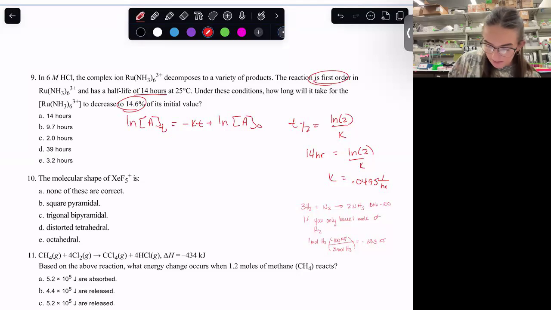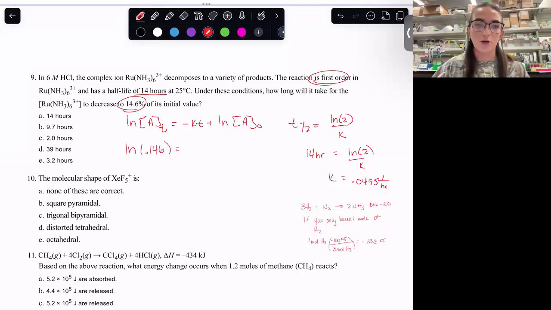Once you have that k, you'll plug this into 0.146, because we're looking for 14.6% of its initial value. So that's the value we're ending with. You can either use the 14.6 directly as is, or you can change it to a decimal like I did, or you can come up with the number 20 and get 14.6% of that original value.